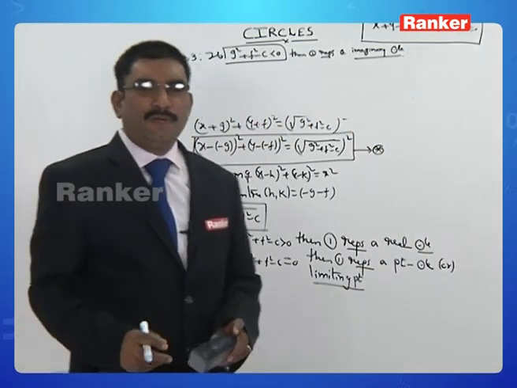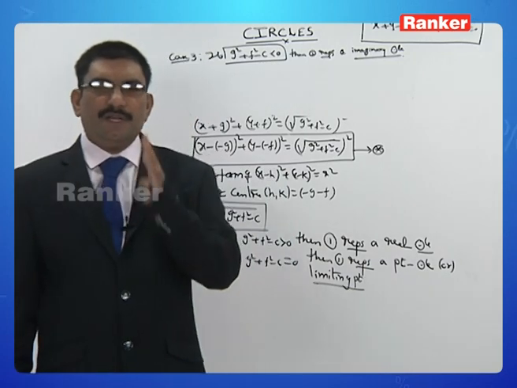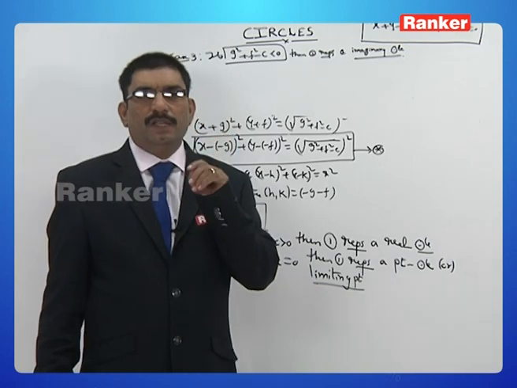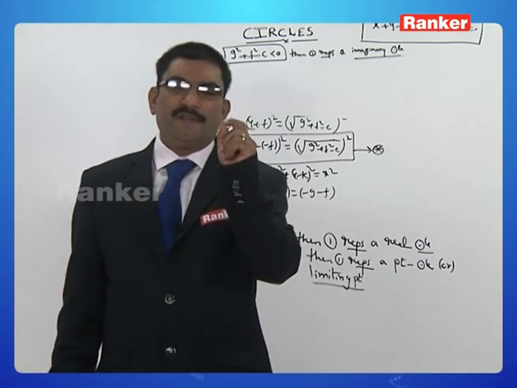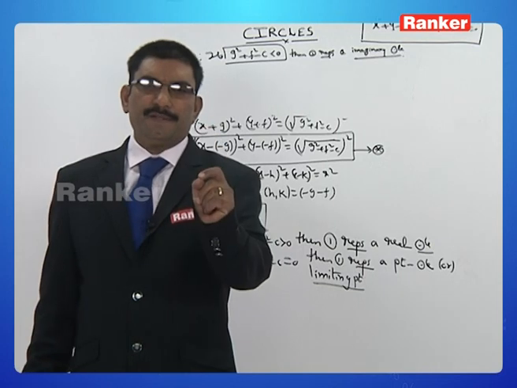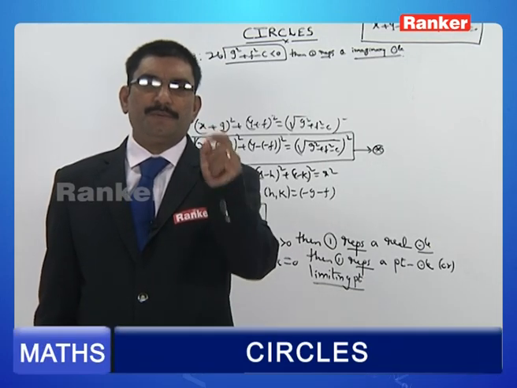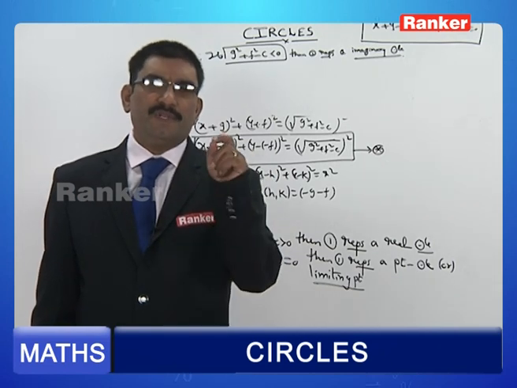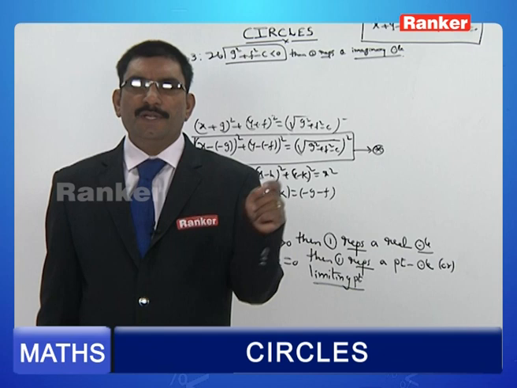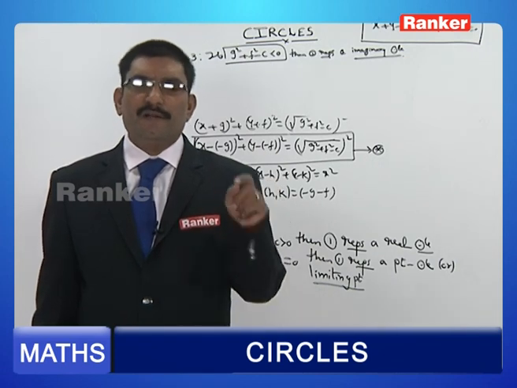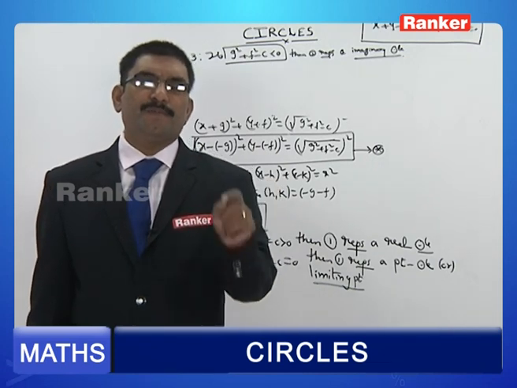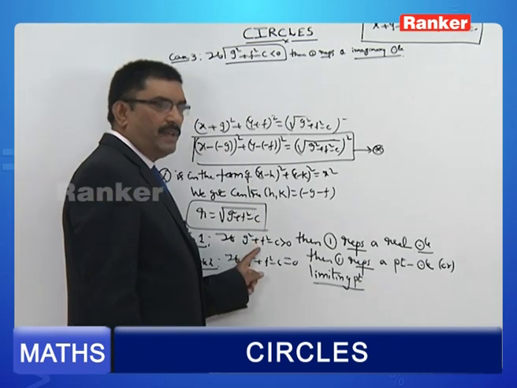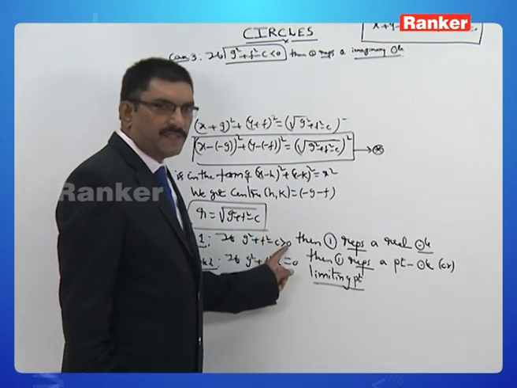So therefore, we come across 3 cases under the general equation of a circle. Any circle in general form is represented by x square plus y square plus 2gx plus 2fy plus c equal to 0. It represents a circle whose center is minus g comma minus f and radius square root of g square plus f square minus c. It represents a real circle when g square plus f square minus c is greater than 0.